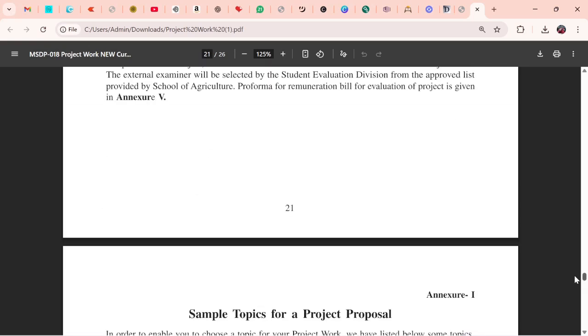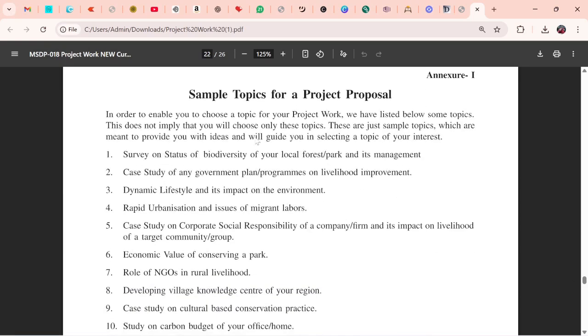Here in the guideline I'm taking you to the sample topics for a project proposal. From here you can get an overall idea of how you can select the project topic related to your area.